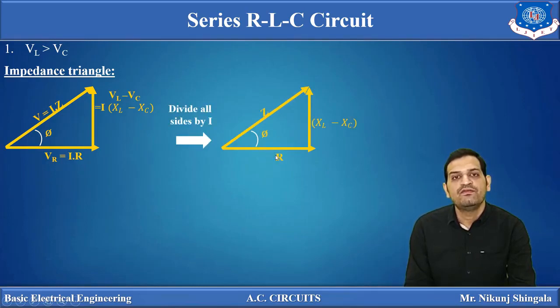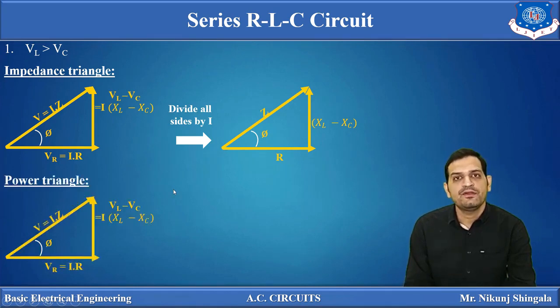Because one side consists of R, and the other sides consist of reactance and impedance. So the impedance triangle shows the relationship between R, Z and X. Now from this impedance triangle, we can also determine the power factor, that is cos phi is equal to R divided by Z.